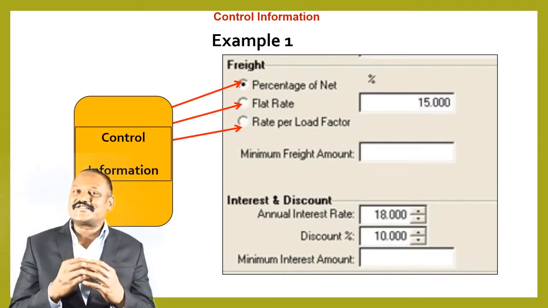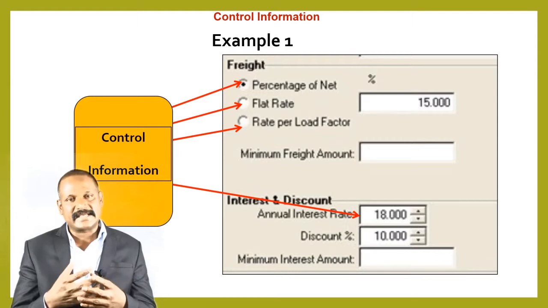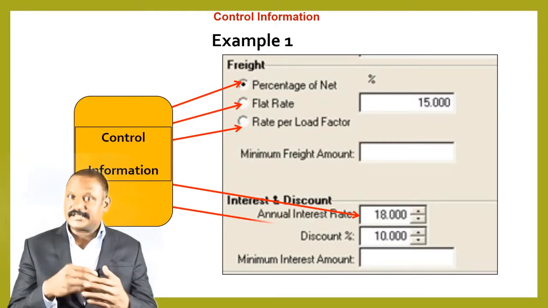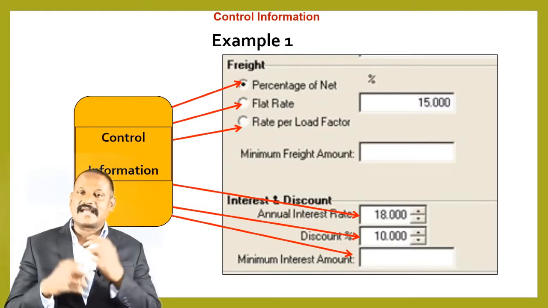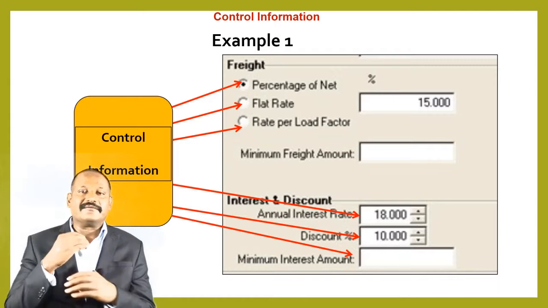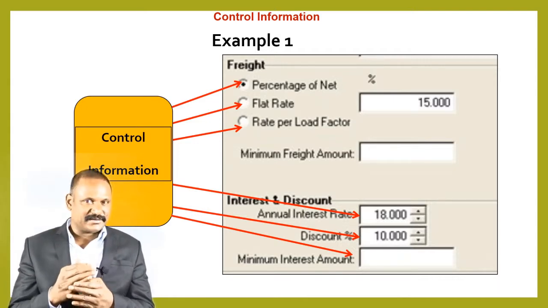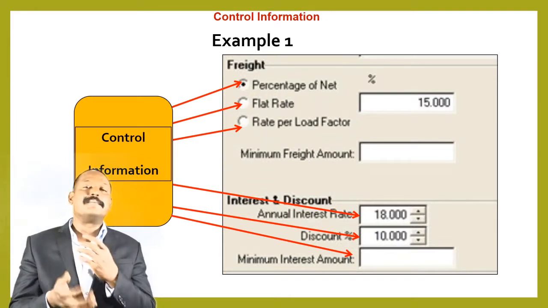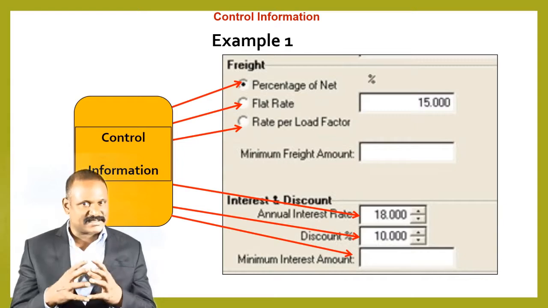Also, there is interest and discount related data where the user can set the annual interest rate, the discount percentage and the minimum interest amount. All this data will influence how the freight will be processed. So all these are control information. They are otherwise like data, but they will influence how, when and what data should be processed.